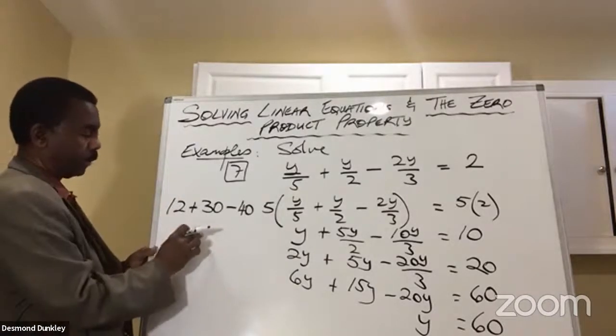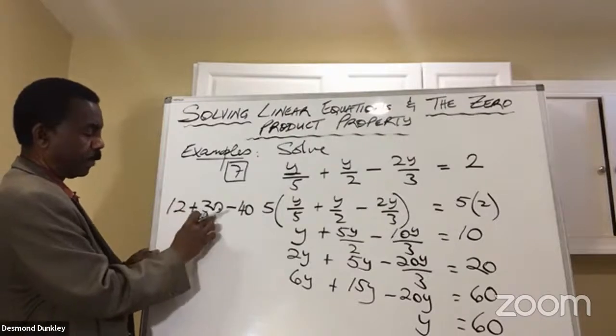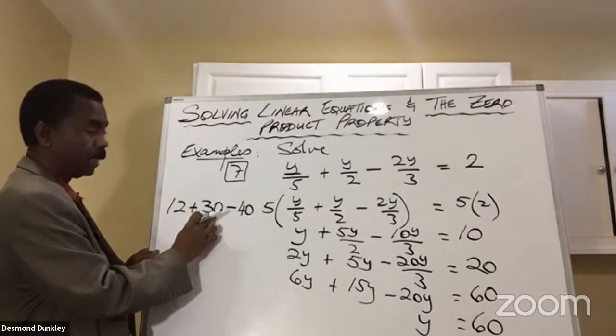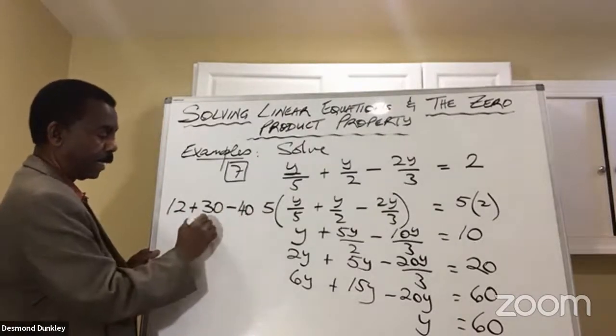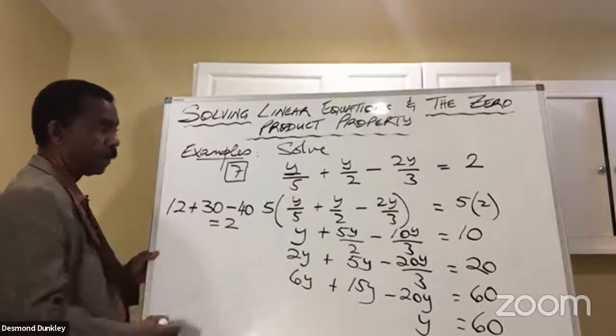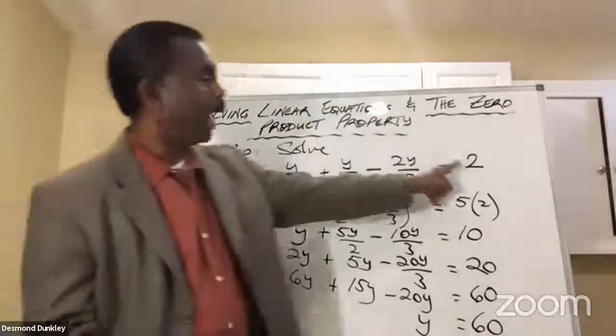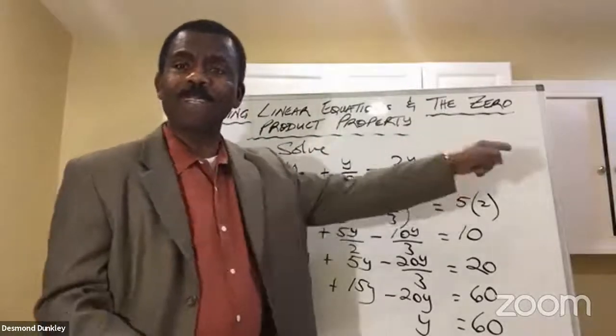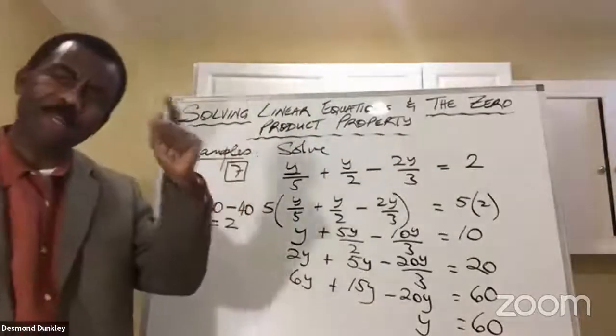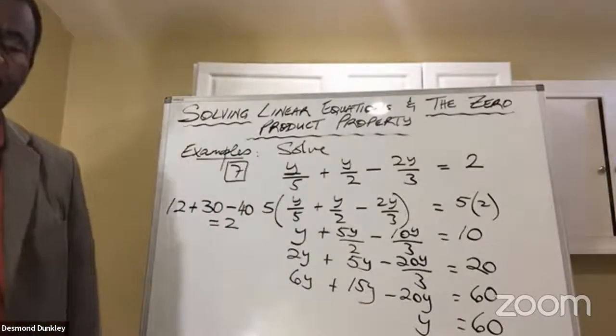What is this equal to? 12 plus 30 is 42. Take away 40 equals 2. So the left-hand side is 2. The right-hand side is 2. There it is. Okay, so it works.